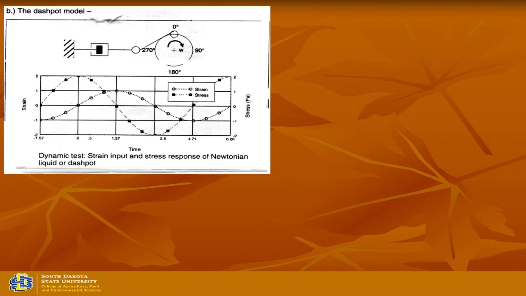So if it is a purely elastic material, phase angle will be 0. If it is a purely viscous material, then phase angle will be 90. Follow me? Does it make sense? So phase angle will be between 0 and 90 for any sample you may test or characterize.